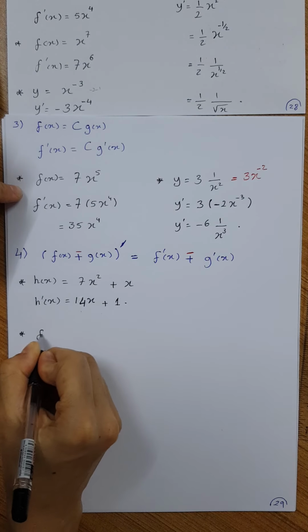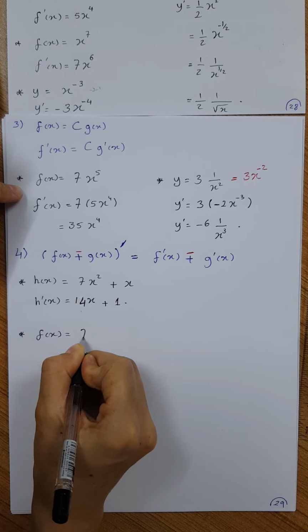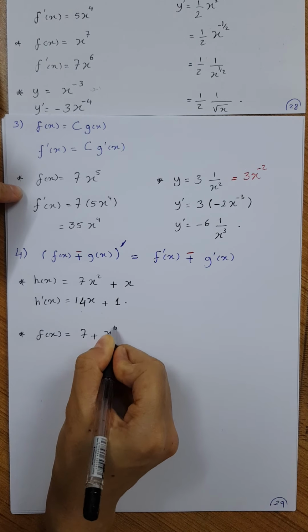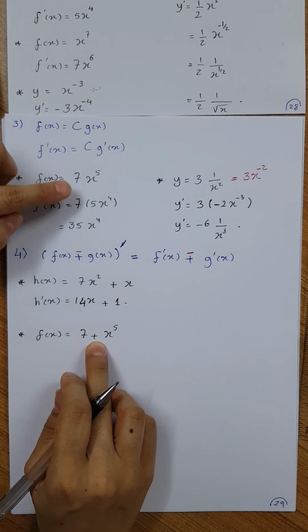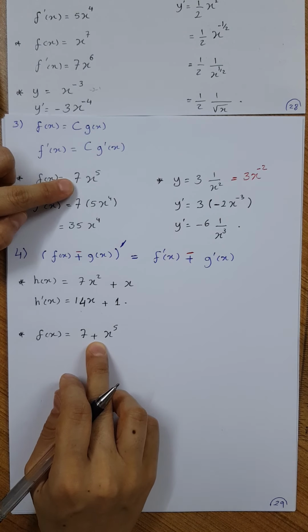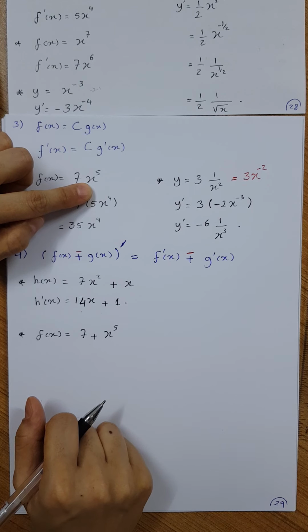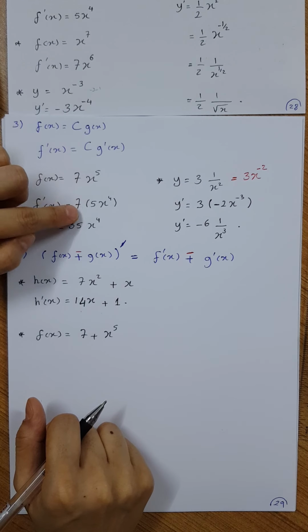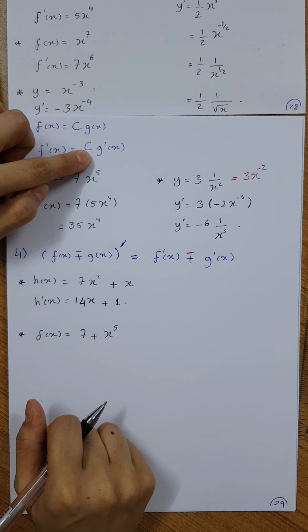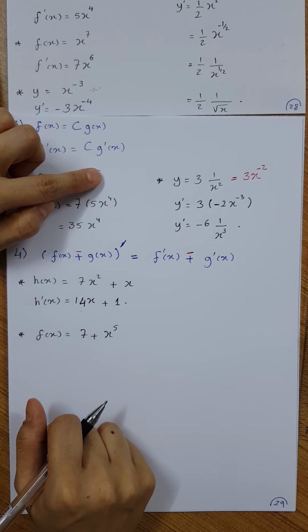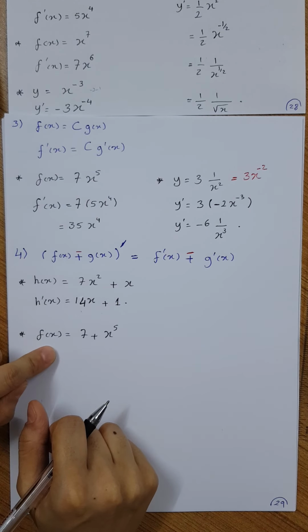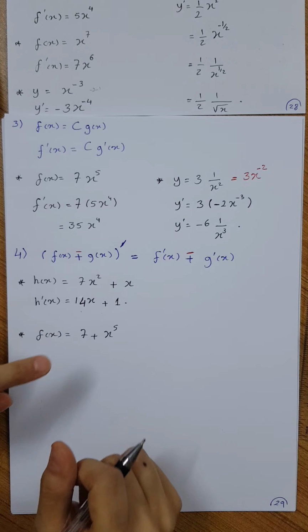Let me give an example with this one. f of x is equal to 7 plus x to the power of 5. What is the difference between this example and that example? In that example, the 7 is multiplied by x to the power of 5. That's why we were writing it down again and then taking the derivative of that bit. But here, f of x is given in 2 terms.